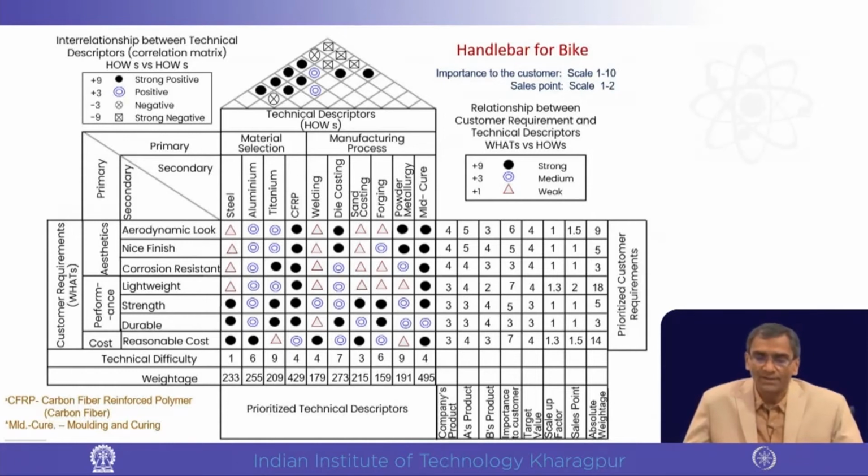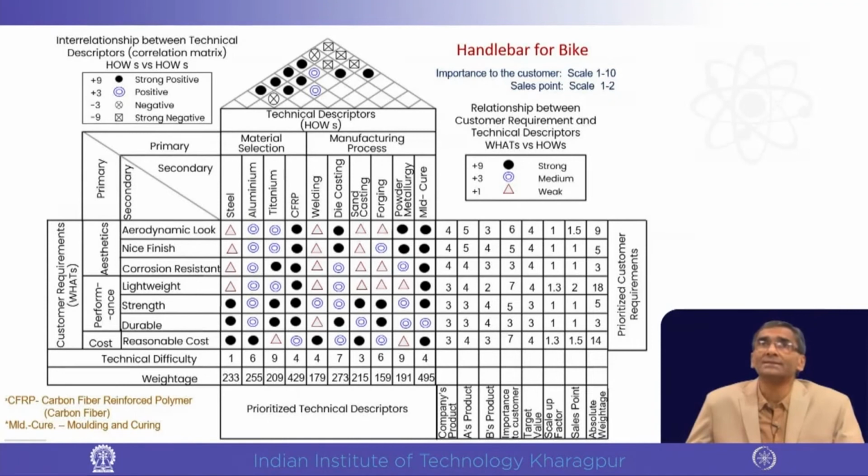Now, compared to the organization, there are two competitors that we have taken, which we think are to be benchmarked with, and they are called best in class. In that particular class of product, they are the best.